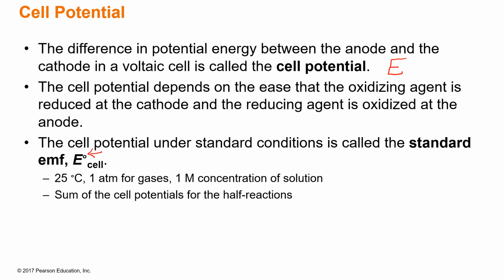And standard conditions, just as it has been for many of the other topics we've talked about, is 25 degrees Celsius, 1 atmosphere for gases, 1 molar concentration for solutions. And if we add the cell potentials for the half reactions, that's how we come up with our E cell for our voltaic cell.